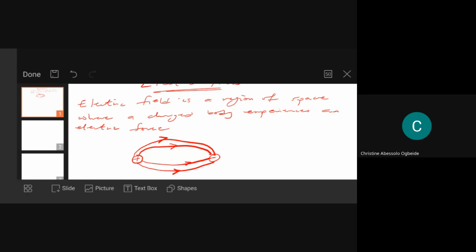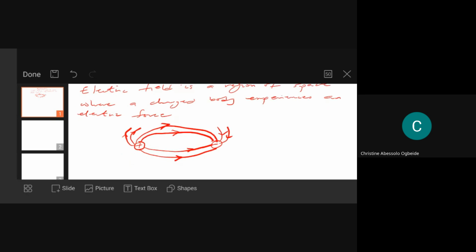The lines keep on going out like this, coming out from the positive, then moving into the negative like this. Let me draw another one here. Coming out, then moving in here.